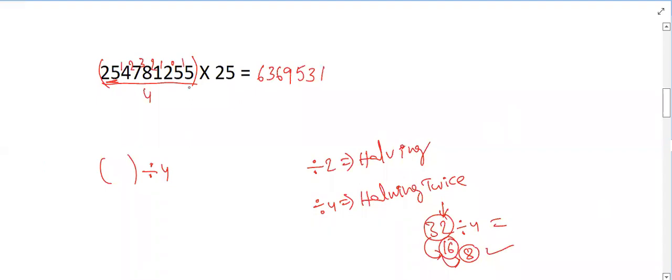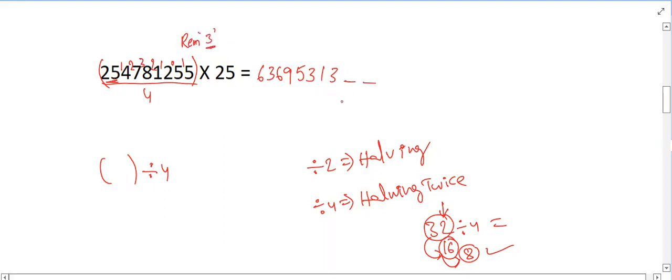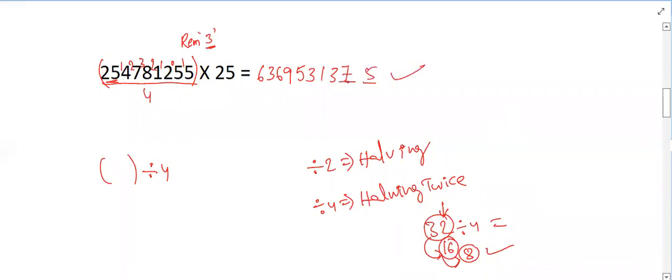Now it is 15. 15 divided by 4 is 3 with remainder 3. So if 3 is the remainder, the last 2 digits will be 75. Yes, correct. 7 and 5. So that's your answer, the result of this multiplication.